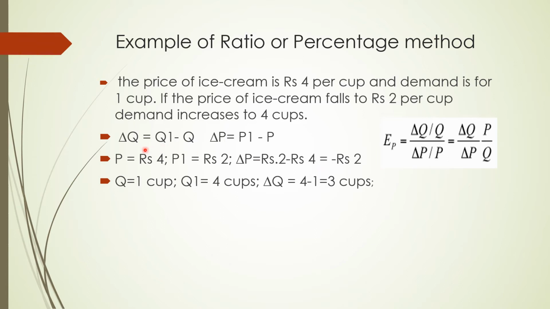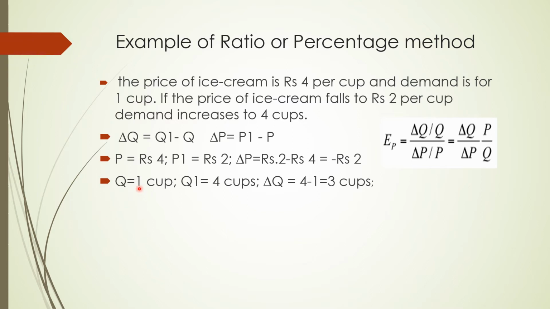Now you have to find out according to the formula. We have P, we have Q, we have delta P also. So now we only need delta Q. What is the formula of delta Q? Q1 minus Q. In the same way, Q stands for initial demand, and initial demand is only 1 cup.